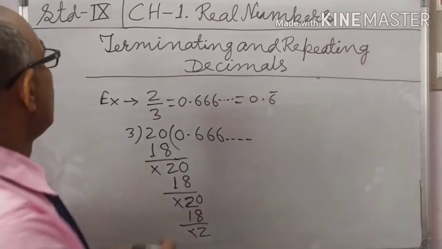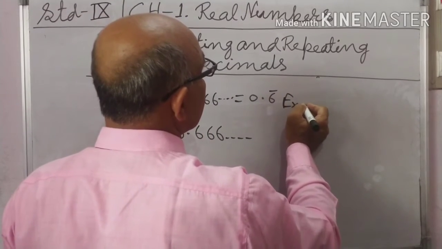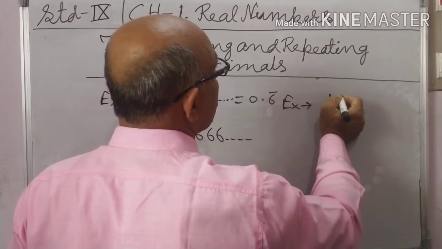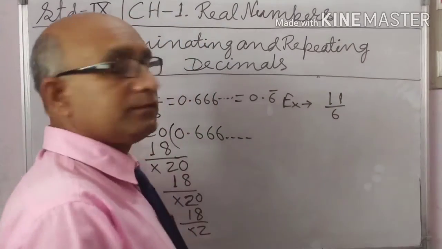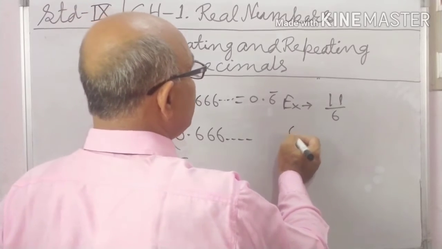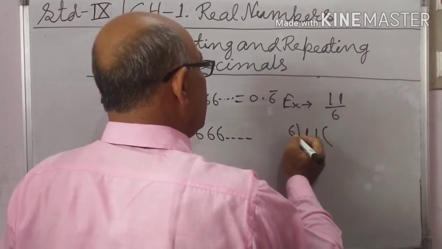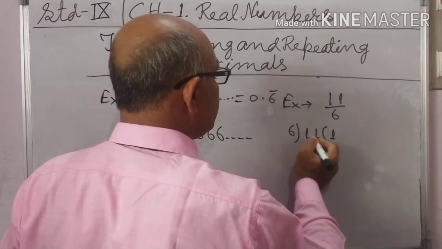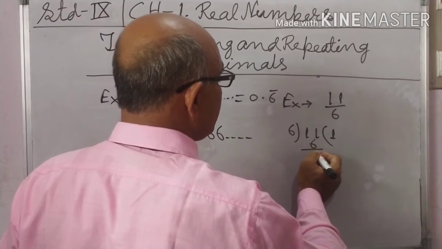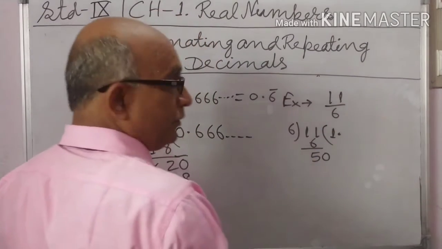Next example is 11 by 6. Divide it. 6 one time. 11 minus 6, 5, decimal, 0.